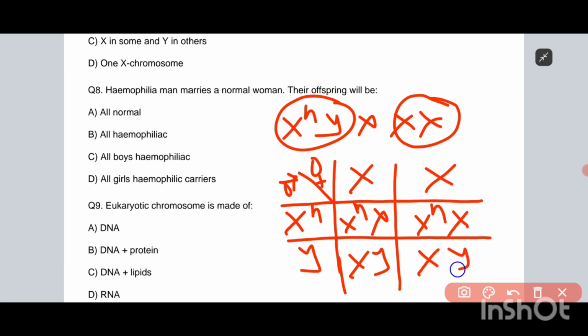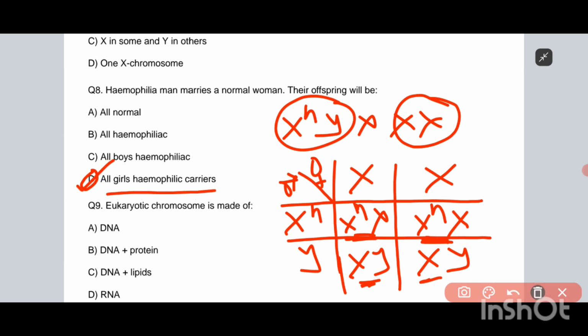So here we can see that X^H X and X^H X, two daughters are produced and both remain in hemophilic carrier condition. Means they are not phenotypically hemophilic, but they are carriers. They are carrying the X^H hemophilic allele, and the sons remain in total normal condition. So option D, all girls are hemophilic carriers, is the right answer.